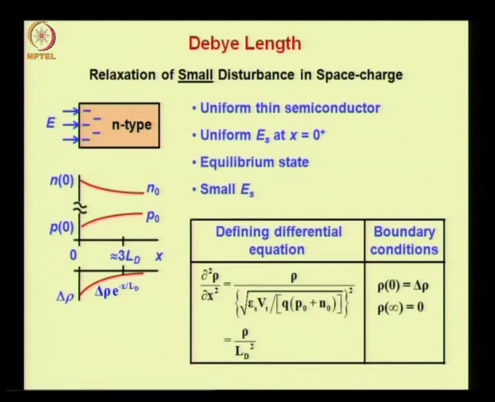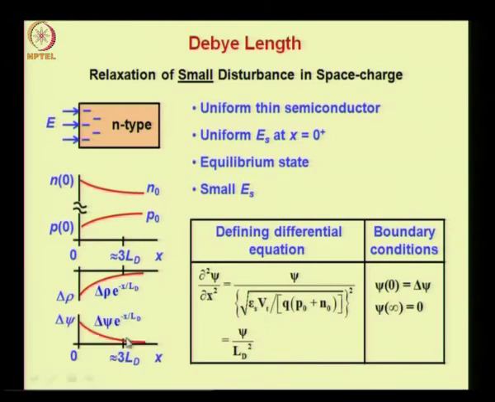Now these exponential variations are valid only for small disturbances. This is very important to note. That is why in each of these slides the word small is being underlined. One can analogously write an equation for psi.